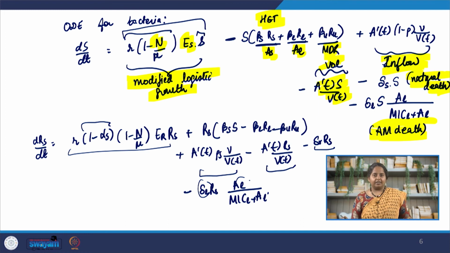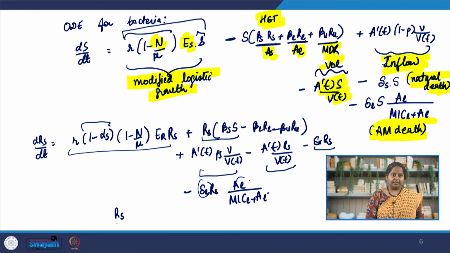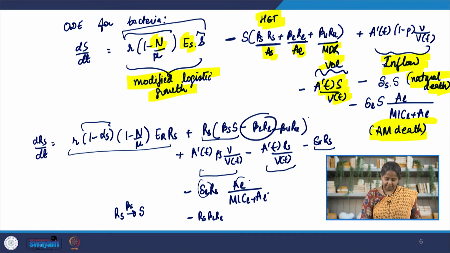So if we look at RS, which is bacteria resistant to bacteriostatic antimicrobial, we notice that its growth rate increases plus RS beta S S, which means RS increases every time a resistant bacteria RS gives its resistance to a susceptible bacteria, governed by the rate beta S. But it loses minus RS beta L RL and minus beta U RU RS.